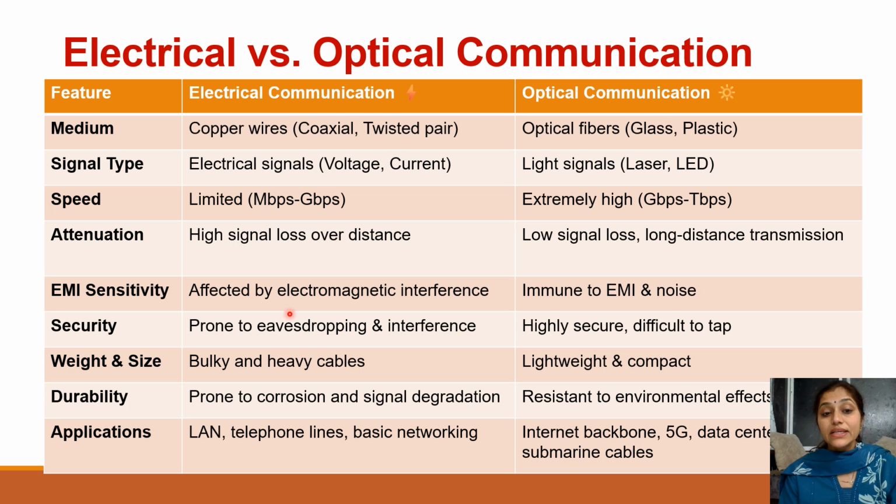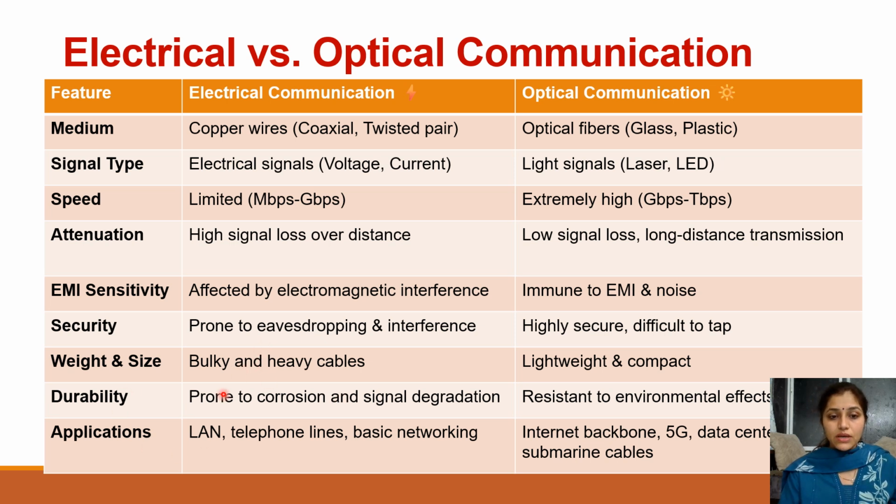EMI sensitivity: the electrical signals are affected by electromagnetic interference, whereas in optical communication they are immune to EMI and noise because our signal is not in electrical form, it is in optical form. Then security: they are prone to eavesdropping and interference, whereas in optical communication they are highly secure and difficult to tap.